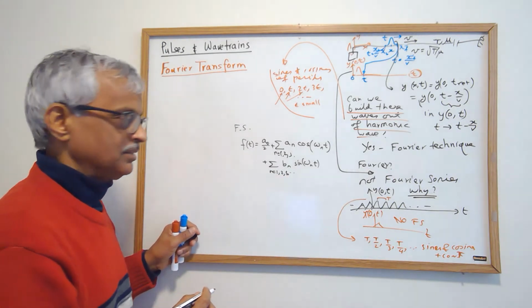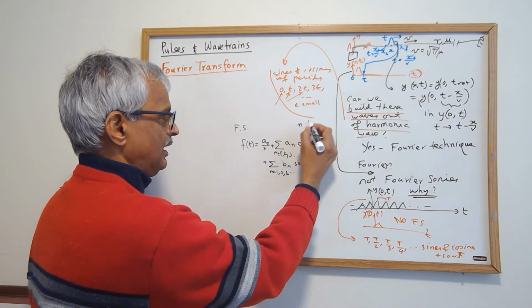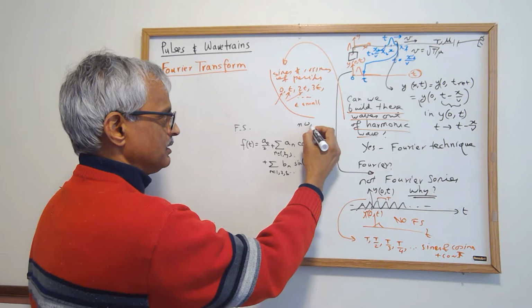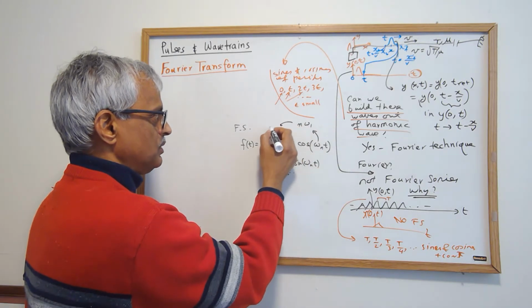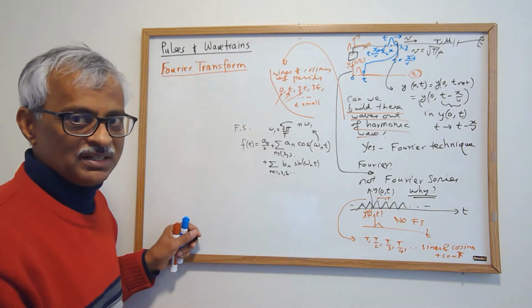That was the Fourier series. And these omegas were n omega 1, with omega 1 being 2 pi over whatever the period was.